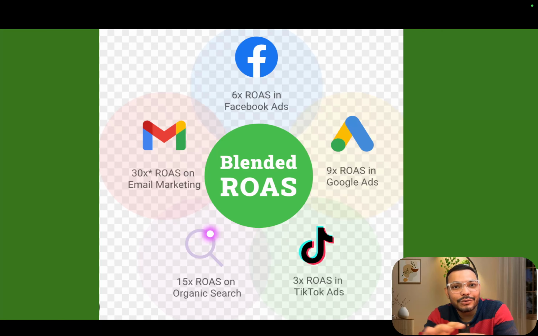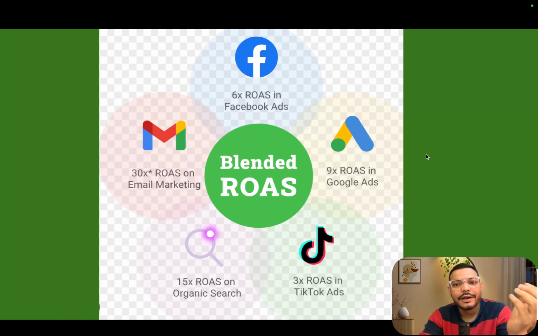So basically he's trying to say, if he's spending around 1 lakh rupees a month on the Facebook platform, then with 4x returns, he is getting sales or value of 4 lakh rupees. And then he wants me to increase it from 4x to 6x.